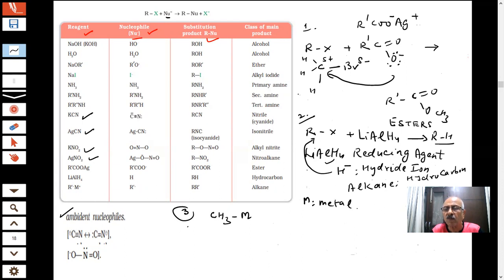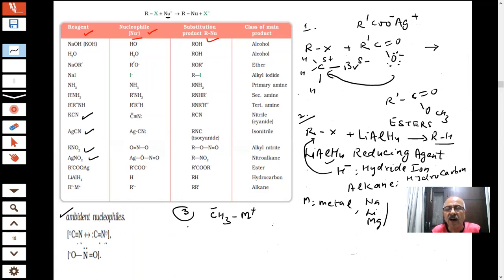Which metals are being used? Sodium, lithium, magnesium, all these are metals. What do metals do? Metals are those which give electrons. So they are positive and the R group will be negative.